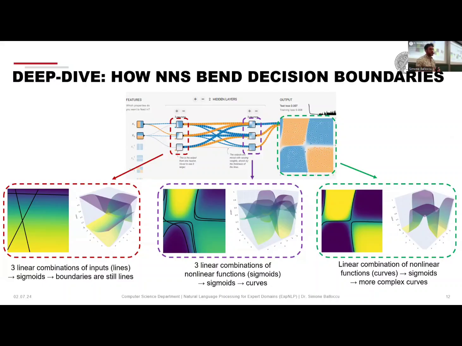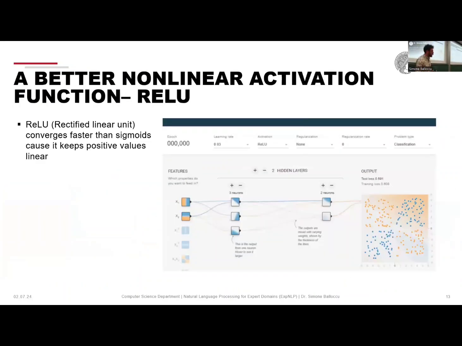Everyone is either too scared to ask questions or got everything perfectly. That said, there is a better activation function. This is called ReLU, or rectified linear unit, and it converges faster than sigmoid, because ReLU is defined as the max between 0 and x. So basically, it keeps 0 if the value is lower than 0, and from 0 upwards it just becomes a line.